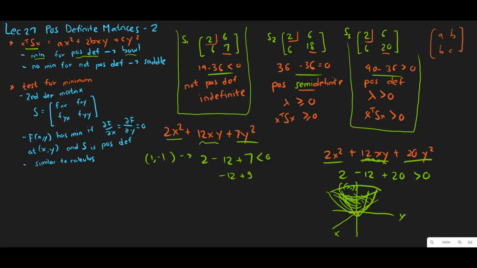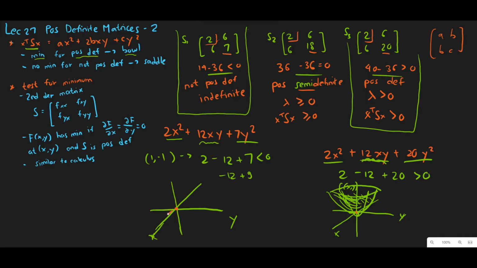But here, what happened is that, let's say for 0, 0, you'll also have this point at 0, 0, but it will not be shaped like a bowl, as we know that it has some negative values even somewhere here, for example at (1, -1).